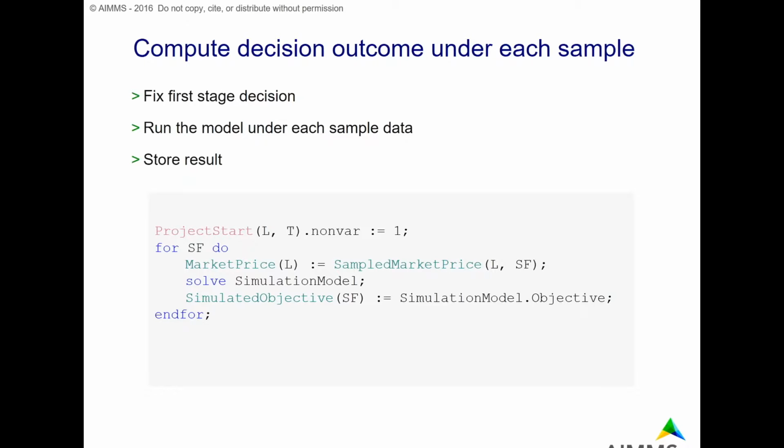We let the same model run iteratively to get different results. After we update the market price, we solve the simulation model, and then we store the result by assigning the retrieved objective function to this parameter, simulated objective, for each sample we generated. So that's the loop for simulation.